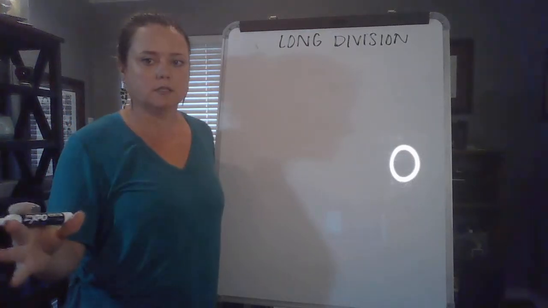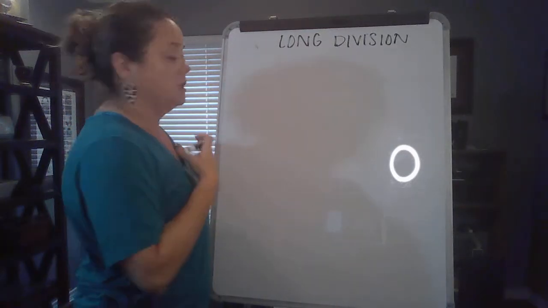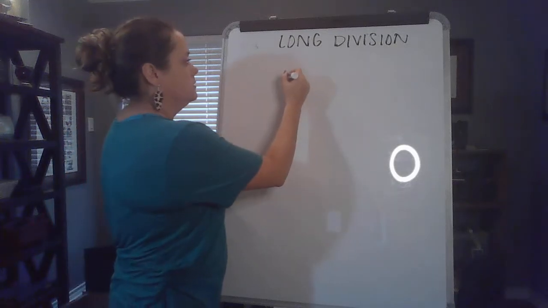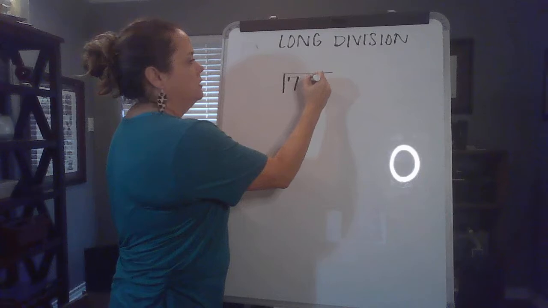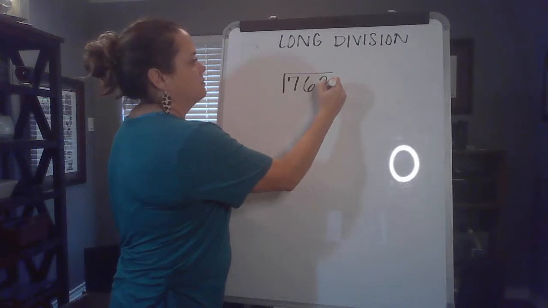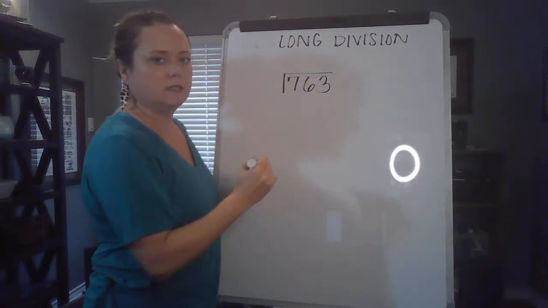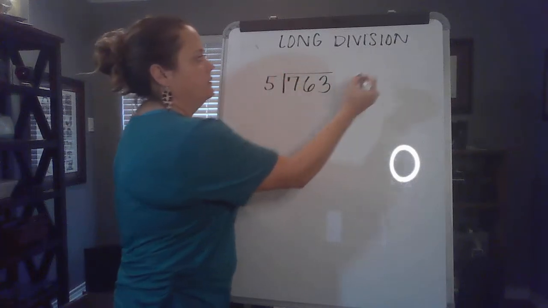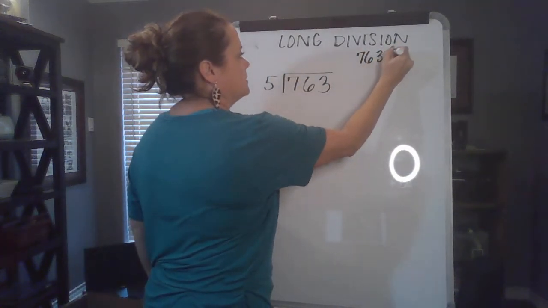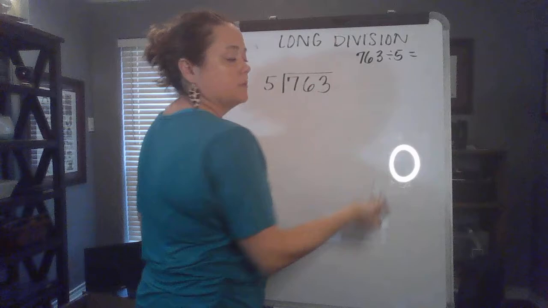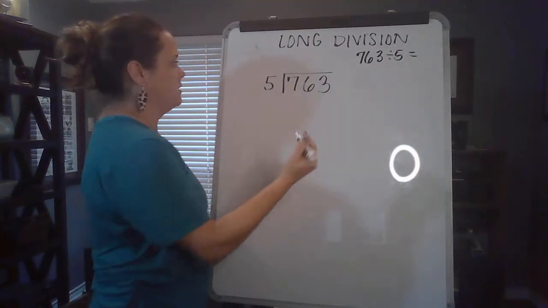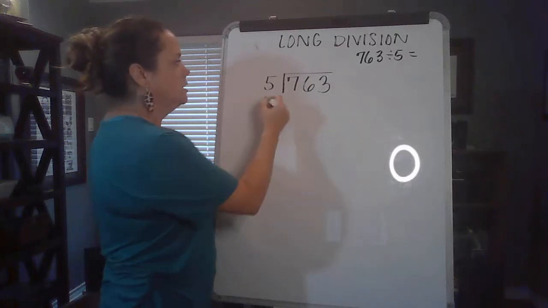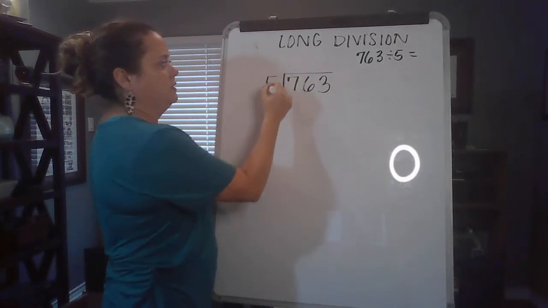Okay, for parents, we, including myself, learned how to do long division similarly to, let's say, 763 divided by 5. Okay, looks like this. And we, adults, parents, and some students also, learned long division like this.